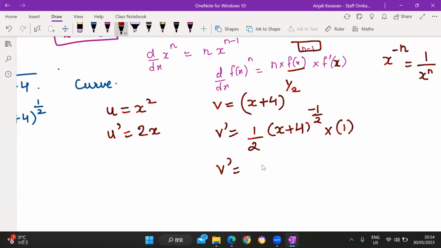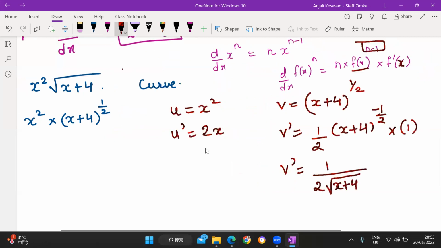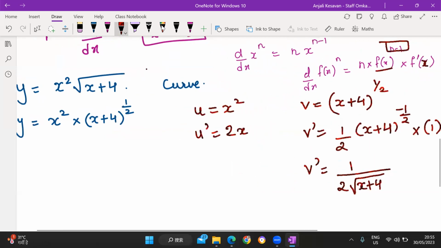Okay, so 1 upon 2 was already in the denominator, so 2 stands there. What about this whole expression? This whole expression shifts to the denominator, but also it is negative half, so it went to the denominator, but half power means square root. And 1 is again in the numerator, so 1 multiplied by 1 will be 1. So here we got our derivative of v.